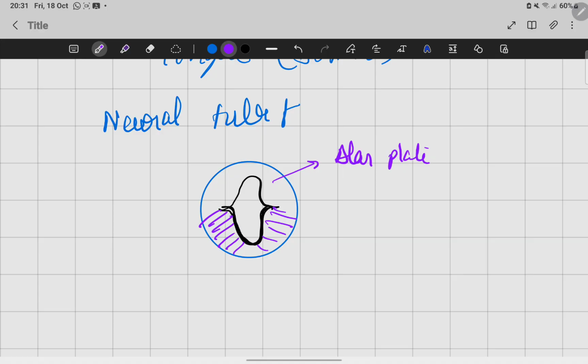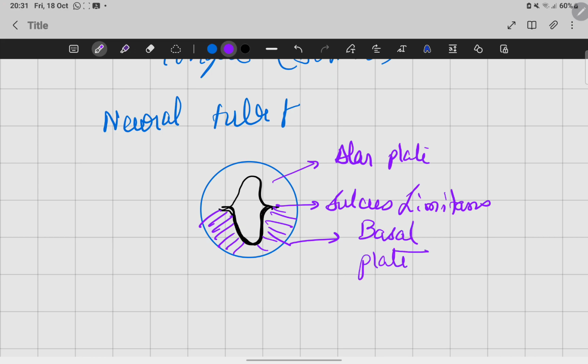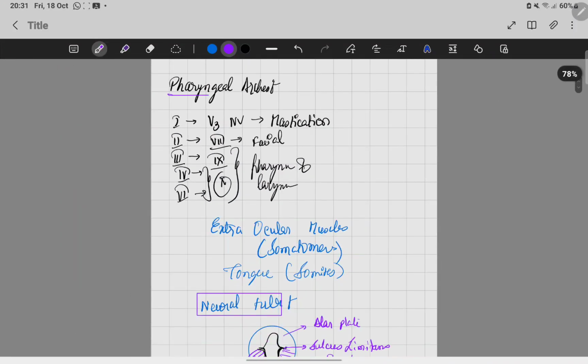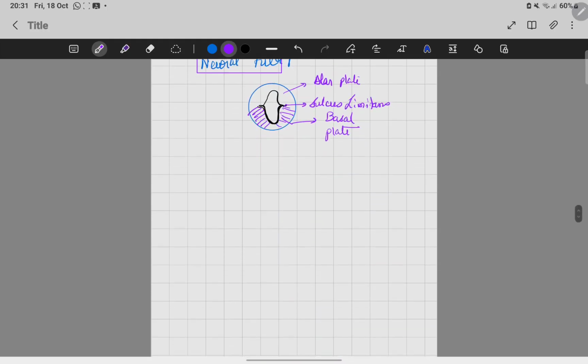This is the sulcus limitans, and this part is known as the basal plate. Alar plate, basal plate. Please learn the pharyngeal arches properly. There are 5 pharyngeal arches.